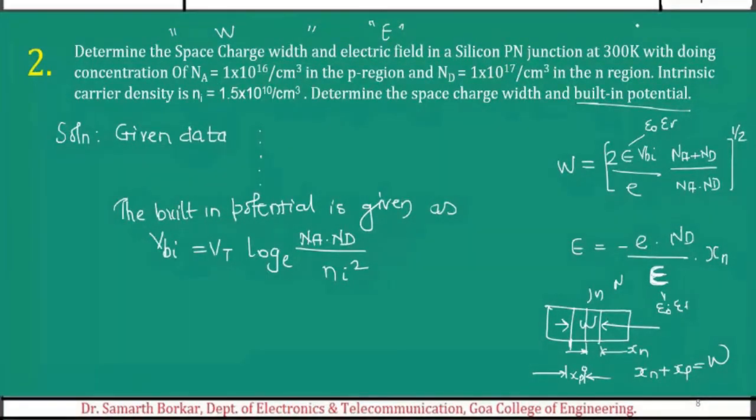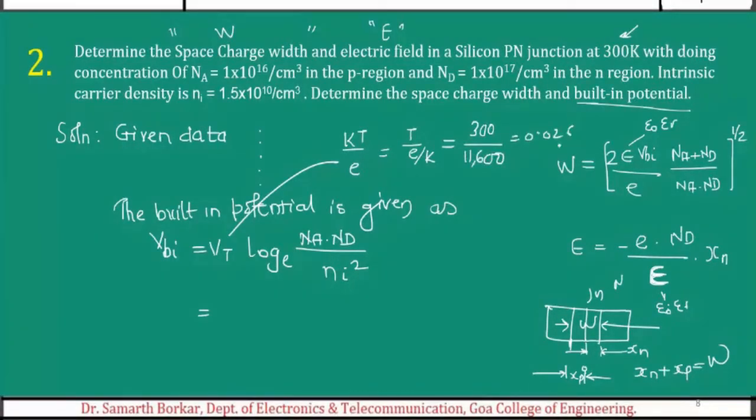At temperature 300 Kelvin, VT is KT by E, or T by K. This we have already solved: 300 by 11,600, which is 0.026 volts. So I'll write here 300 by 11,600 as the value of VT, log to the base E.